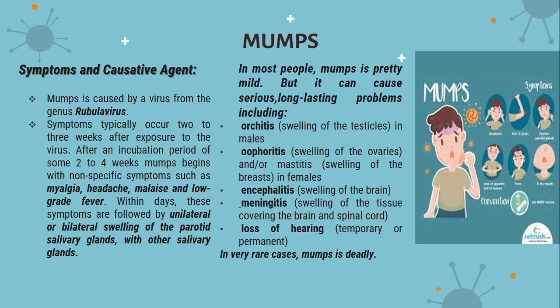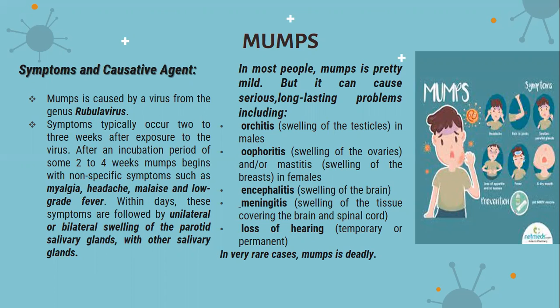In most people, mumps is pretty mild, but it can cause serious long-lasting problems, including orchitis, or the swelling of the testicles in males, oophoritis, swelling of the ovaries, and or mastitis, swelling of the breast in females.